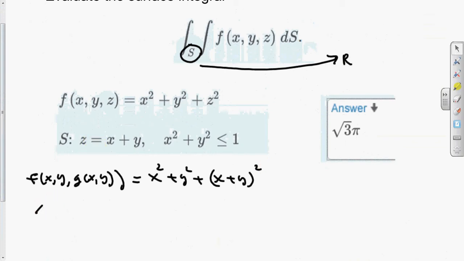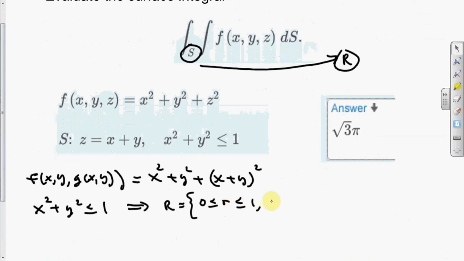Now, since we're bounded by a cylinder, this implies that the region, remember we're going to R again, is: the radius goes from 0 to 1, and theta, the complete circle, goes from 0 to 2 pi.